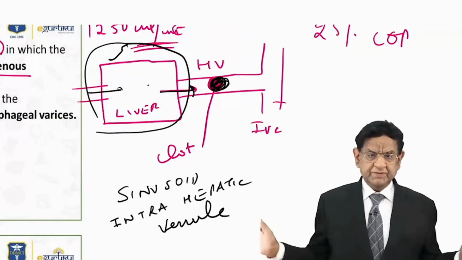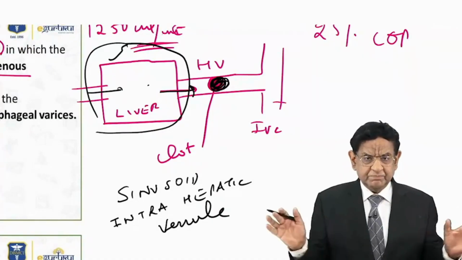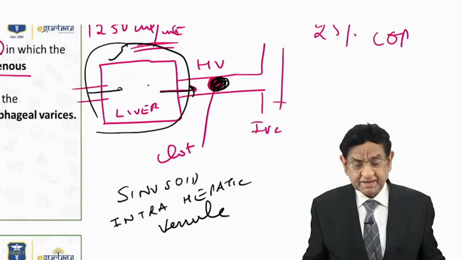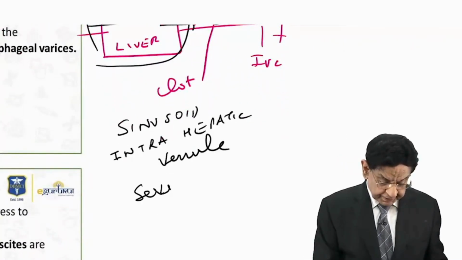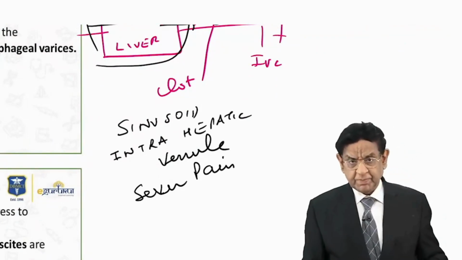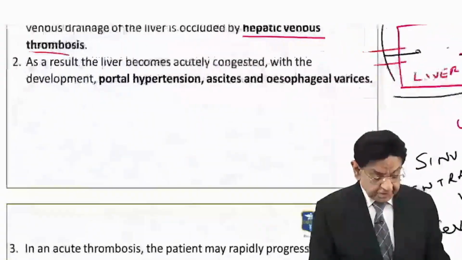And since the liver is totally enlarged, it will try to burst. Of course, it will not burst, but it will try to. So it leads to severe pain in the right upper abdomen, with a presentation like this.